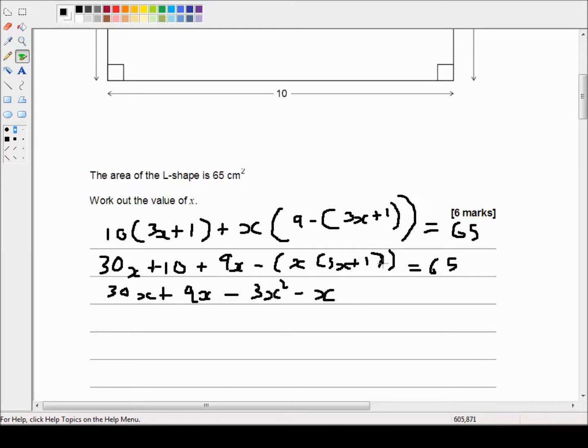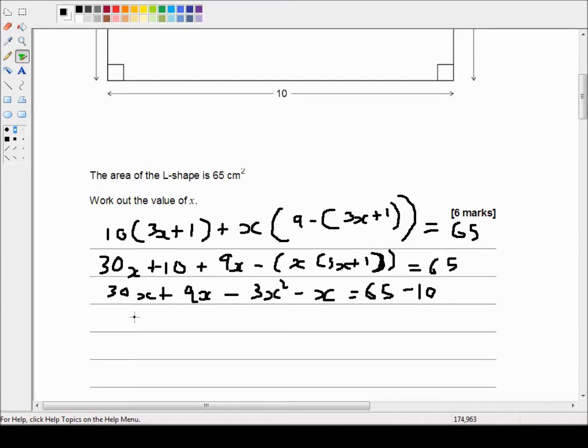I should make that bracket look rounder because I thought that was a 17. That's why good handwriting is important, which I don't have. Which is equal to 65 minus the 10. So I've taken this 10 across.